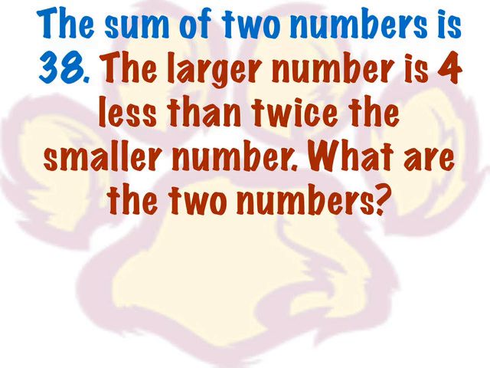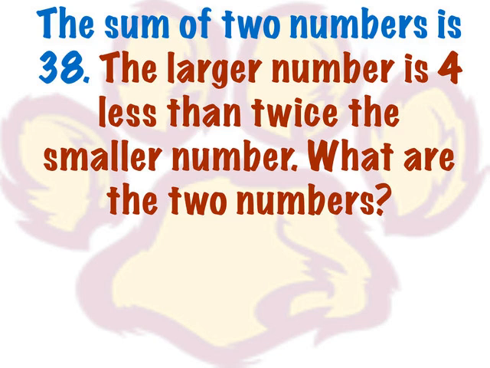Well, you have to remember back to your elementary math. The word sum means you're going to add. So when you add two numbers, you get 38. Our two numbers are going to be our variables. Since we have a larger number and a smaller number in the second sentence, I'm going to use L and S. Really, you could use any variable, but it's easier if you use a letter to represent what's in the problem.